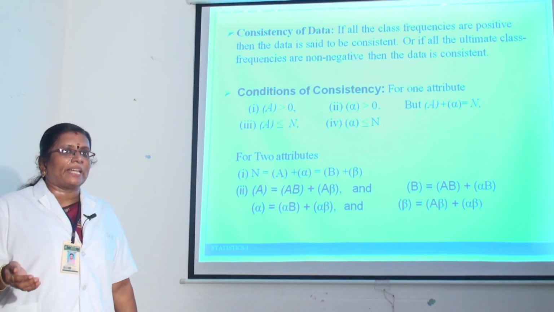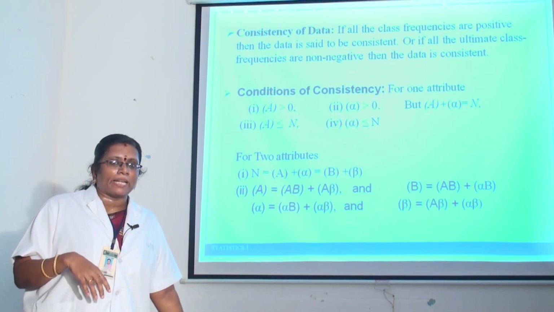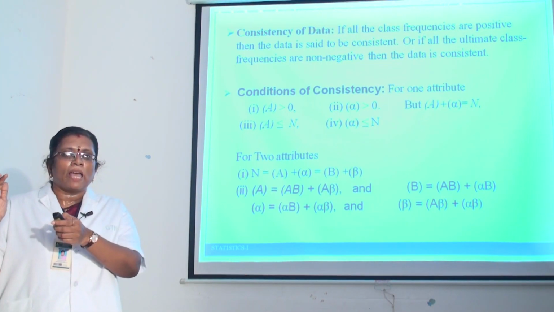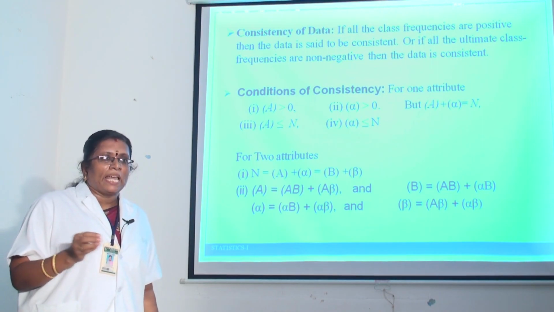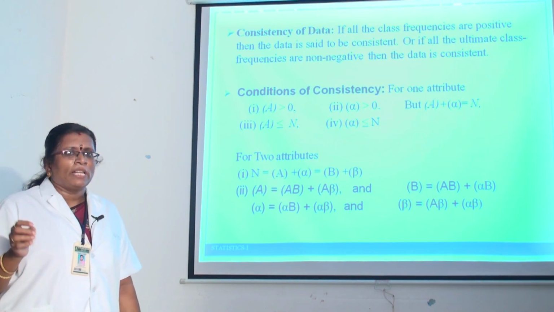Already we defined that capital N is equal to the class frequency capital A plus the class frequency alpha. Similarly the condition: class frequency A should be less than or equal to capital N and alpha should be less than or equal to capital N.